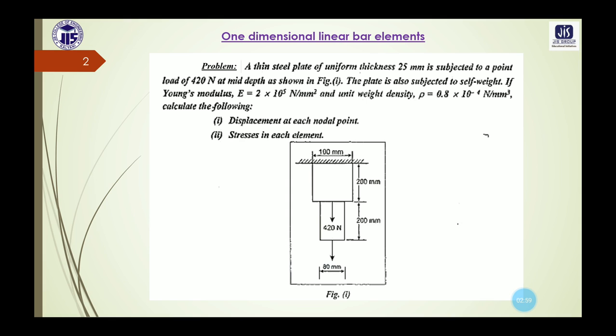Then the value of Young's modulus and unit weight density, all these values are given. Now we need to find the displacement at each nodal point. For this case we will have 3 nodal points, and stresses we need to calculate in each element, and in this case we will have 2 different elements.